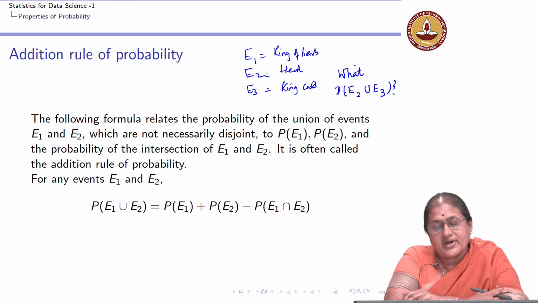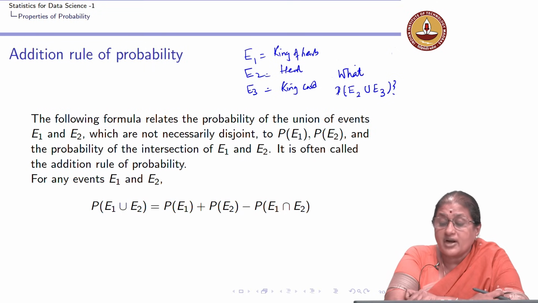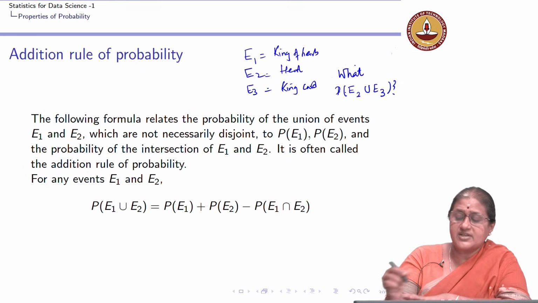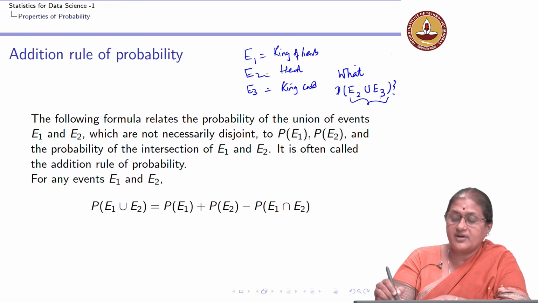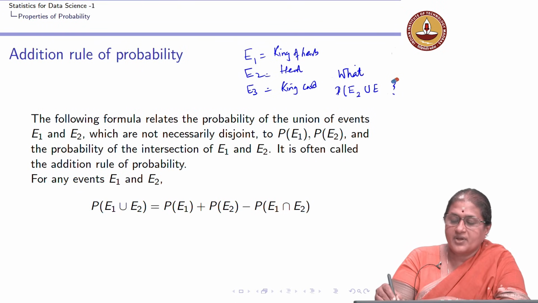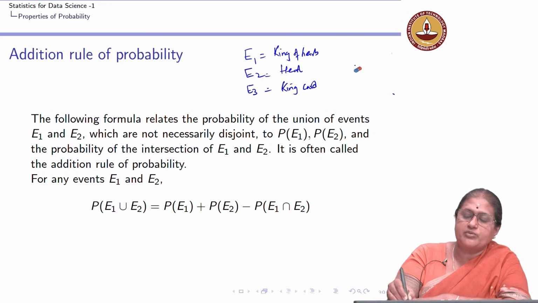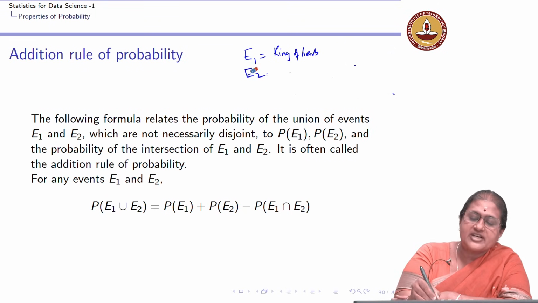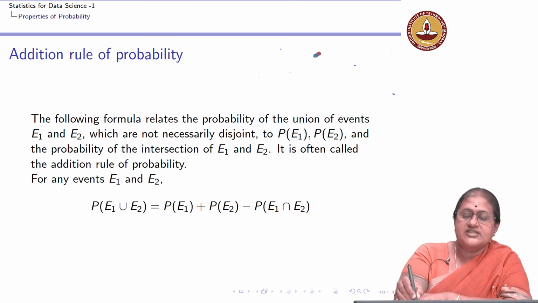This is the probability I am interested in finding out, but now E2 and E3 are not mutually exclusive. I know that they are not disjoint. How do we find the probability of such an event? This event is a legitimate event. This event is what is the chance that the card I have picked is either a heart or a king. How do we compute these probabilities using the properties which we have just studied?